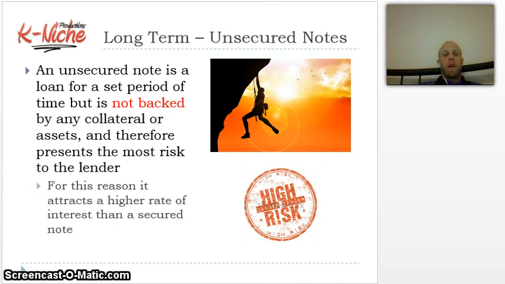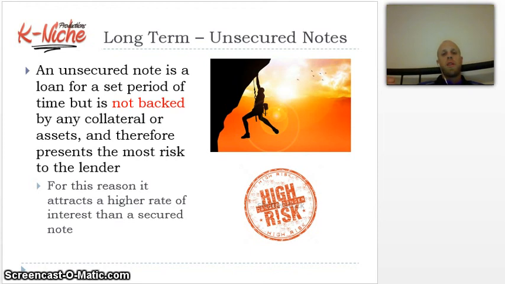Basically, lenders are banking on a business's trustworthiness over time, their revenue stream, in order to take the risk to give them money to be used for their operations or for growth or whatever it might be. So it's for a set period of time, but once again, it's not backed by any collateral, i.e. a house or assets. For this reason, it attracts a higher rate of interest than a secured note.